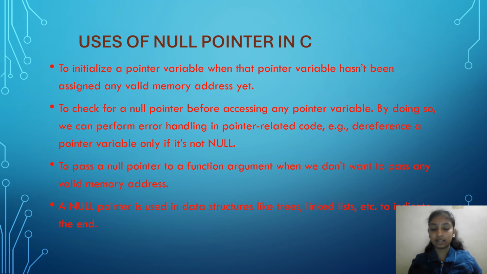For example, dereference a pointer variable only if it's not a null pointer. It is used to pass a null pointer to a function argument when we don't want to pass any valid memory address. A null pointer is also used in data structures like linked lists, etc.